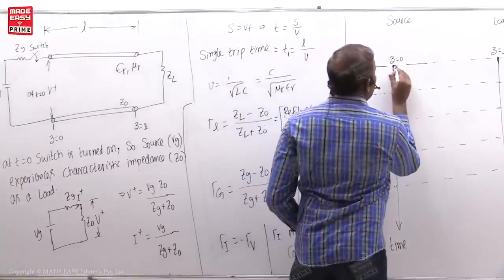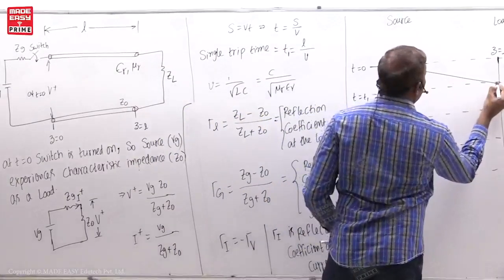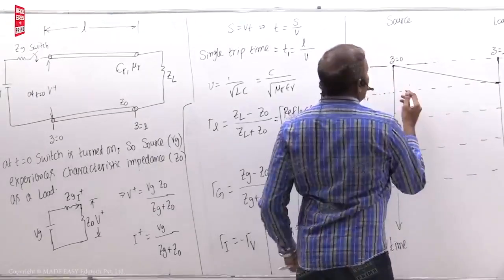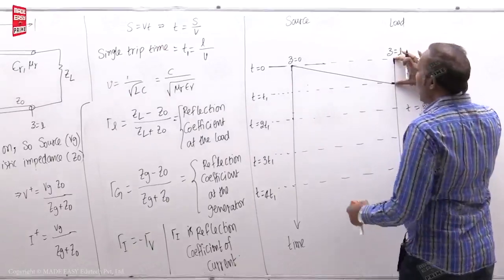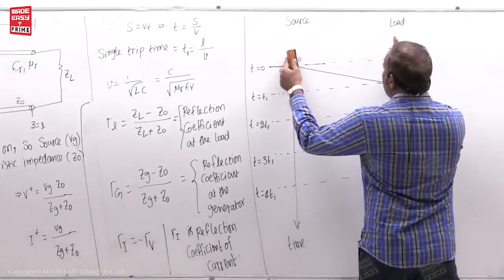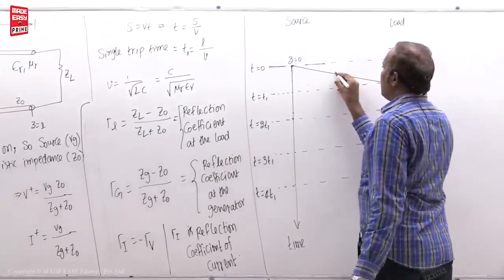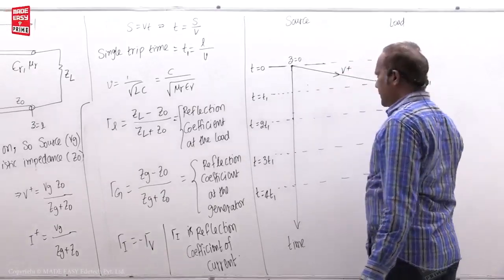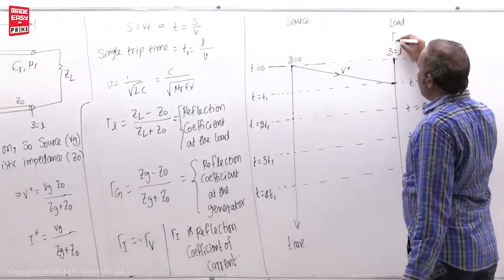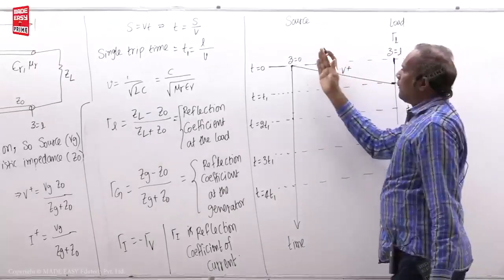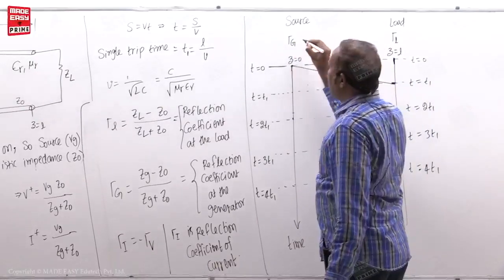So this is the diagram. In t1 time, it traveled L distance. So what signal traveled? V plus. Now here the reflection coefficient at the load is gamma L, and the reflection coefficient at the source end is gamma G.